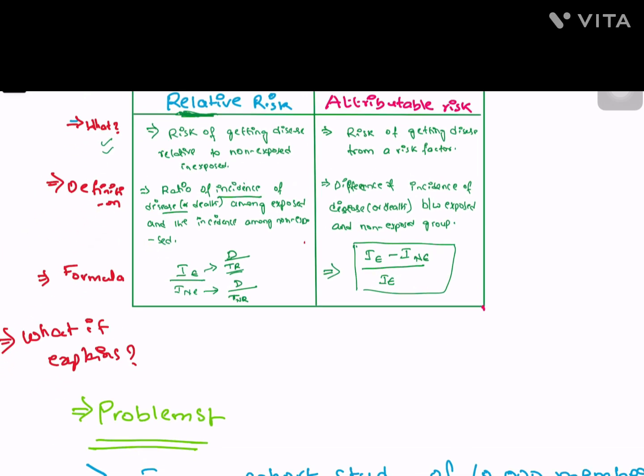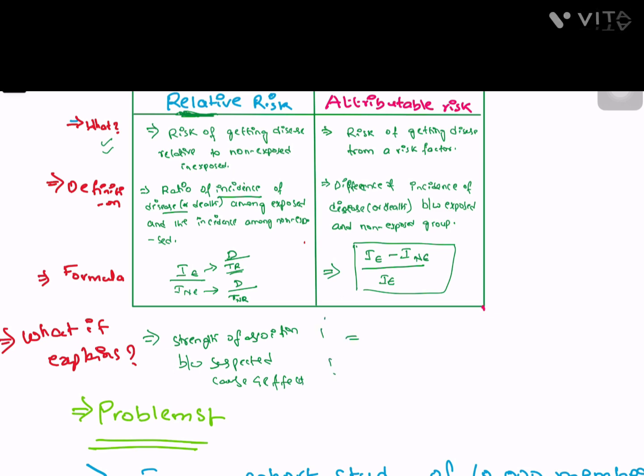So what will we get from relative risk? What are we learning from this? It explains the strength of association between suspected cause and effect.